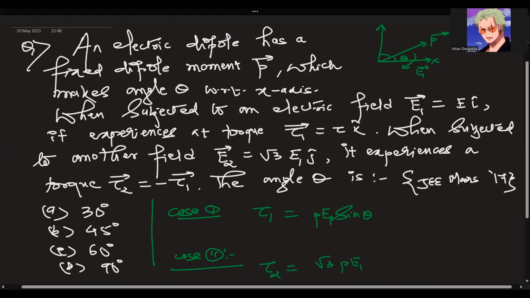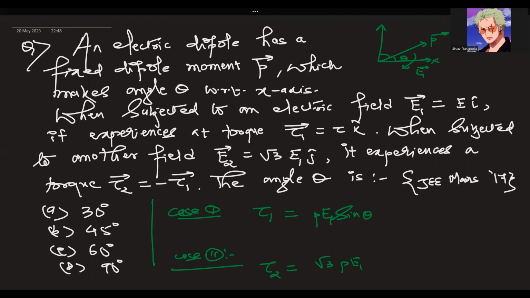Or this is x, this is y. That means we can say যদি আমরা এটাকে ধরি x y, তাহলে as per the direction my k cap or z axis will be outward. তো initially বলেছিল torque was along tau k cap. ঠিক আছে, initially torque was along tau k cap. তাহলে p cross E should be along k cap. তার মানে এইভাবে বানাতে পারি আমরা, suppose say this is my x axis and the dipole moment is like this, p.